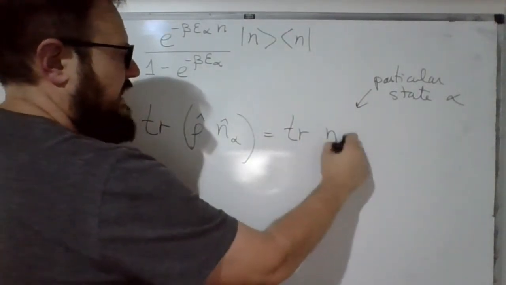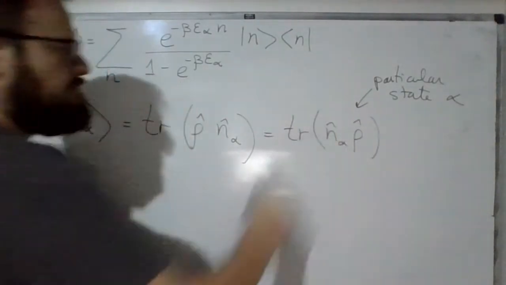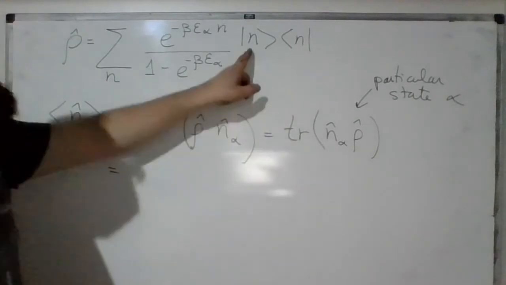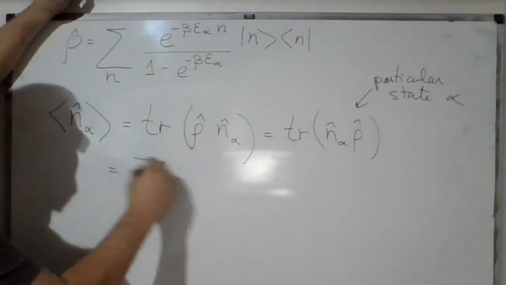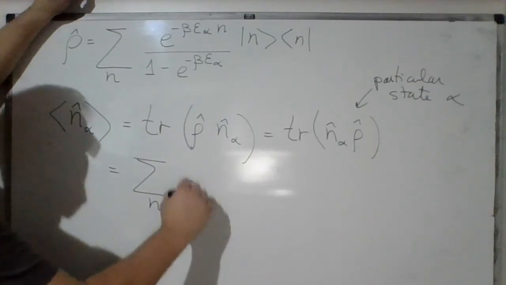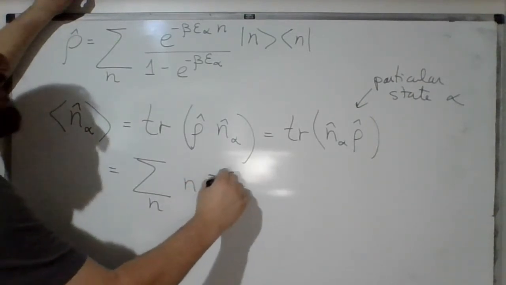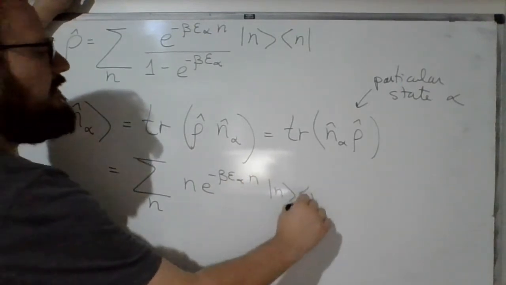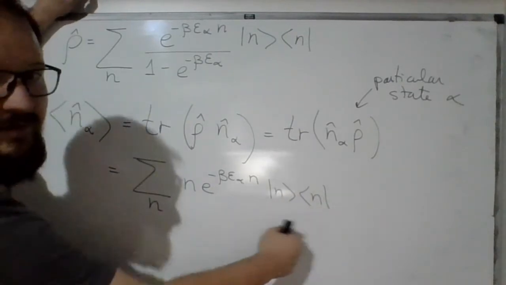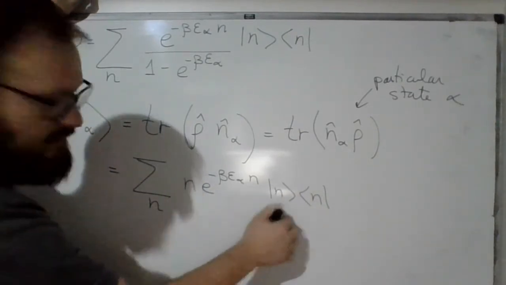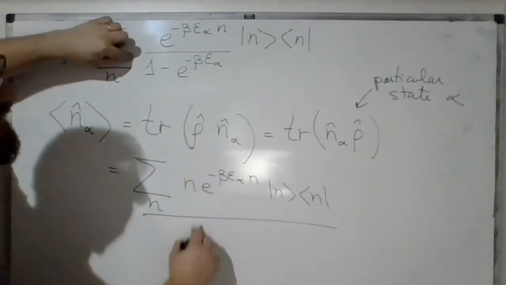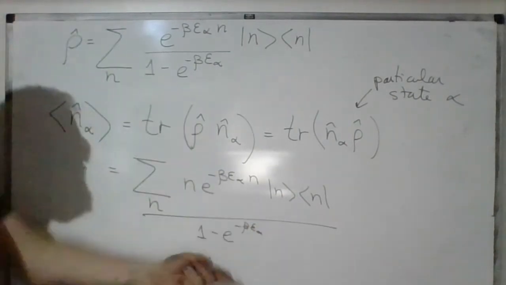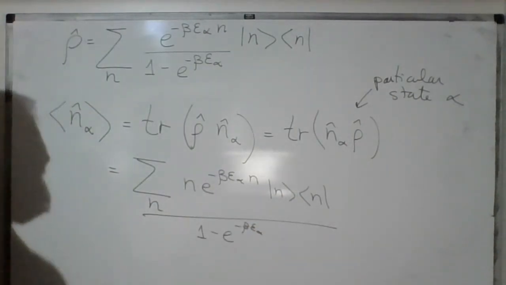So this is the trace of n alpha rho. And when you apply the number operator to a state with n particles, this just produces a summation over n times e to the minus beta E alpha n times n multiplied in the exterior form, and this is divided by this function of temperature and the energy of the state, which is the partition function of the state.